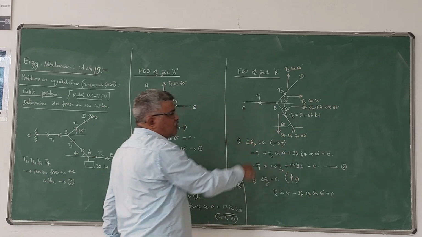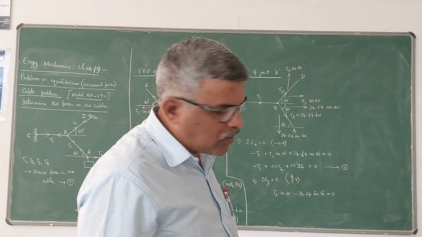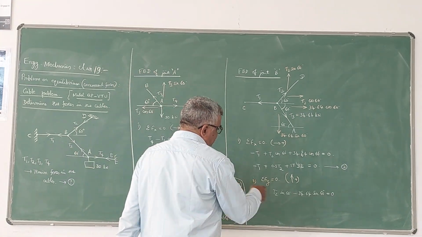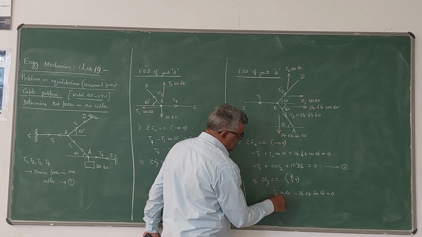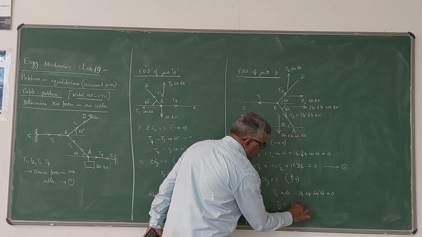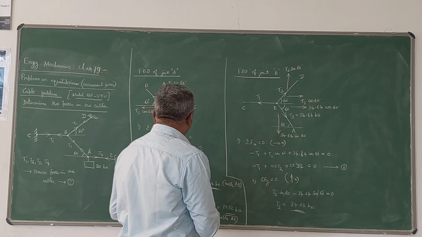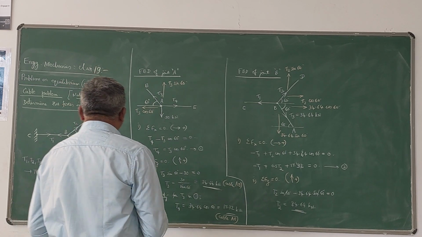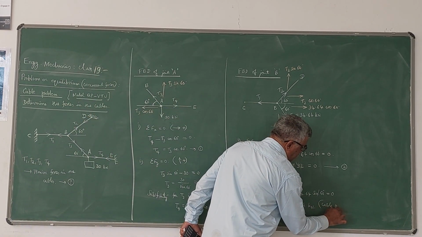There is no external force given at joint B. Now from this you can get the T2 value. Sin 60 can be cancelled out, so T2 will be 34.64 kilonewton. T2 is the tension force in the cable BD.